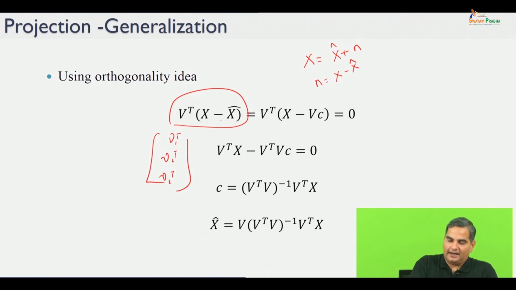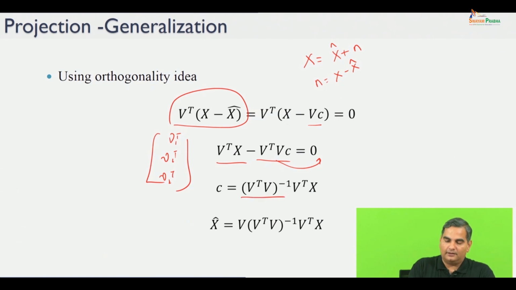Now x hat from the previous slide was V times C. So V transpose (x minus Vc) equals 0. If I expand this, I will get V transpose x minus V transpose Vc equals 0. If I take this term to the other side and then do the inverse, I will get C equal to (V transpose V) inverse V transpose x. Whenever we take inverses, we have to always make sure that we can actually identify an inverse.